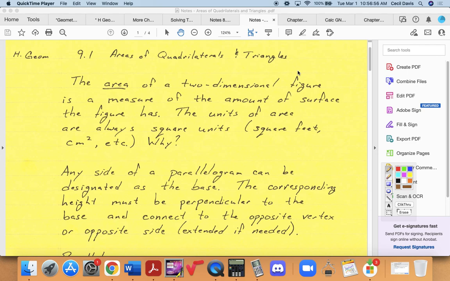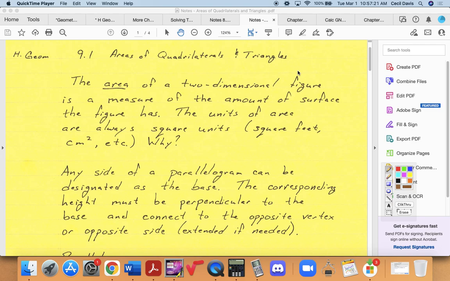All right. So, a reminder, the area of a two-dimensional figure is a measure of the amount of surface the figure has. That's what area measures. So, for example, on this floor, this is really nice because it's in tiles, right? Each of those tiles, if I remember correctly, are 18 inches on a side, but they're all the same size.